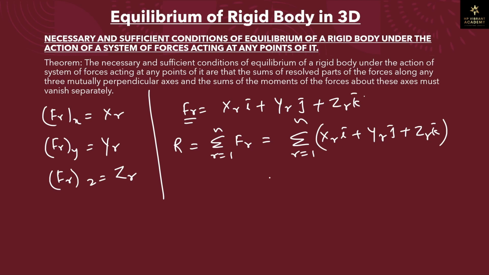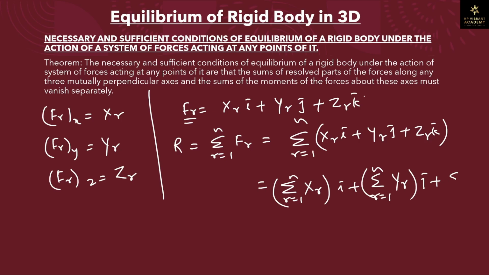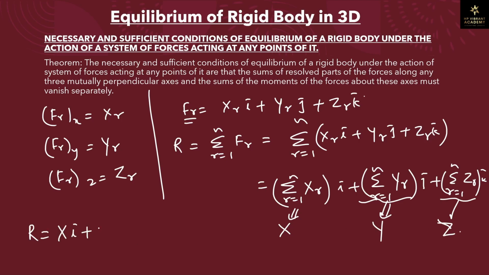We can further simplify this as the summation of xr times i cap, plus the summation of yr times j cap, plus the summation of zr times k cap. This is nothing but capital X, capital Y, and capital Z. So we have R equal to capital X i cap plus capital Y j cap plus capital Z k cap. This is the value of R.